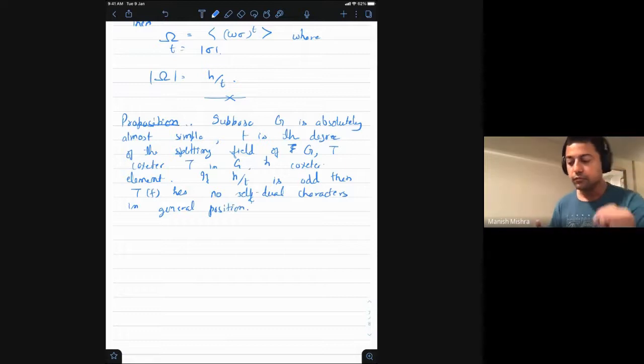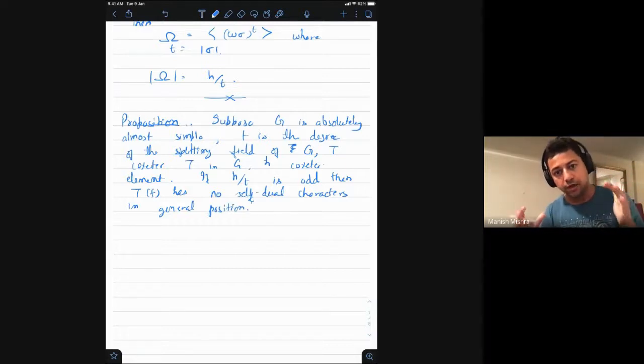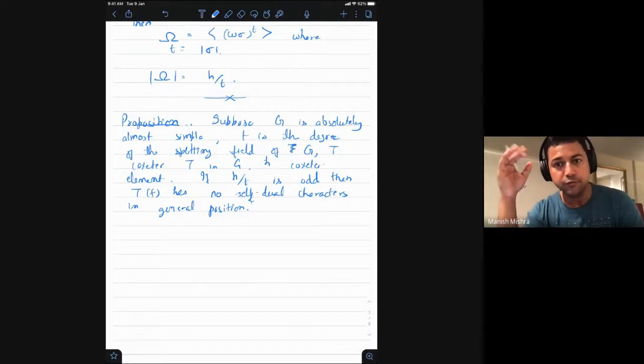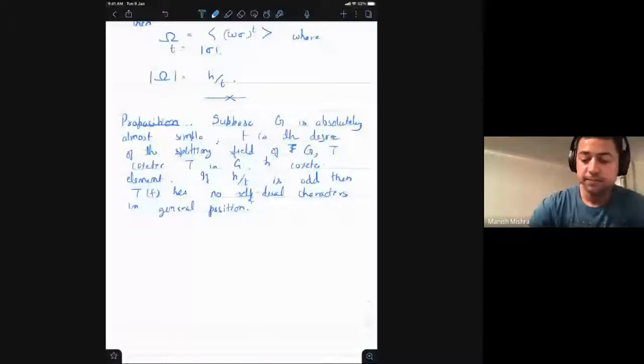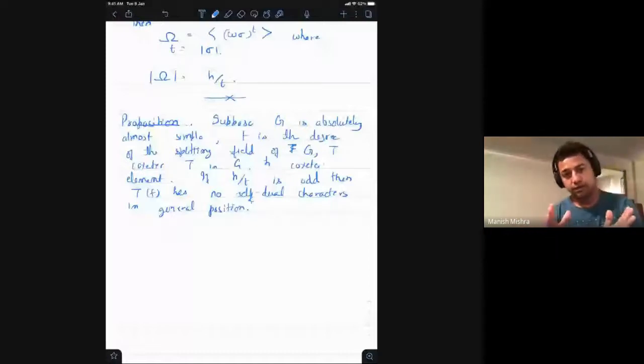So recall our objective for this set of lectures. We want to prove groups can use the linguistic representations, except that there we have to just prove that an elliptic torus together with a character of the torus in general position exists.